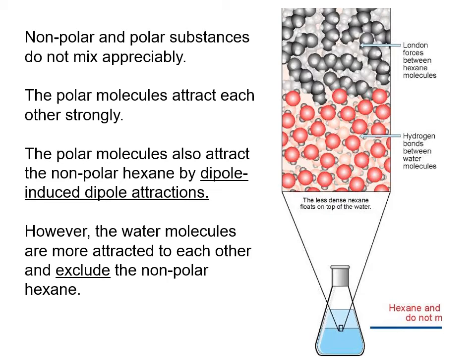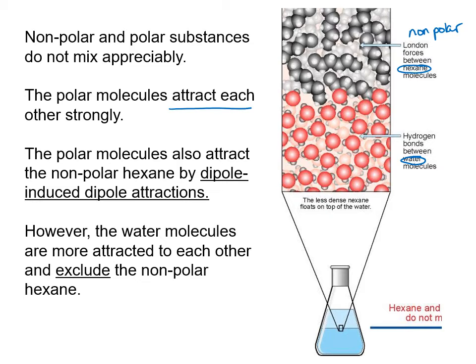This is an image of mixing a nonpolar and a polar substance. On the top we have hexane, which is nonpolar. And on the bottom we have water, which can form the intermolecular hydrogen bonding. Notice they do not mix appreciably. The polar molecules attract each other strongly. Now, the molecules also attract the nonpolar hexane by something called dipole-induced dipole attractions, and we'll talk about that on the next slide.